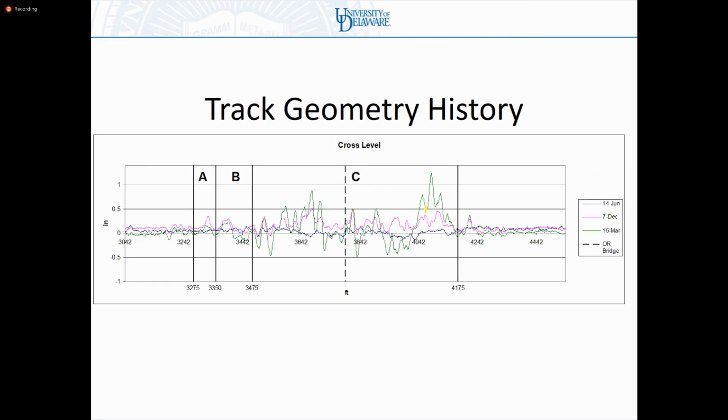This is cross level. Again, you can see exactly the same behavior over here, the growth in cross level. This is real data, by the way. This was a trouble spot on Amtrak's Northeast Corridor, so you're looking at a 200 km/h railroad here. You're looking at an actual spot on the railroad where you're plotting degradation over time.